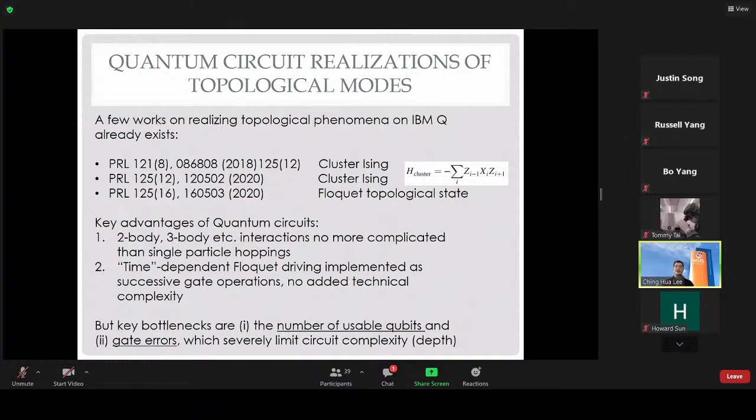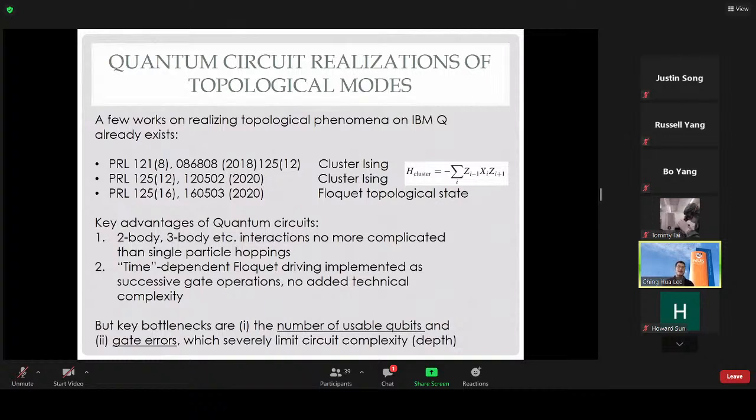The point is that on a quantum circuit, an interaction is in principle not really more complicated than a single particle hopping. If you were to do exact diagonalization on a classical computer, you would need to implement something much more complicated whenever you have interactions. But for a quantum circuit, you actually don't. The complexity is about the same.